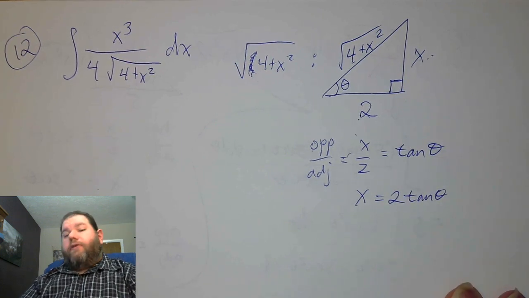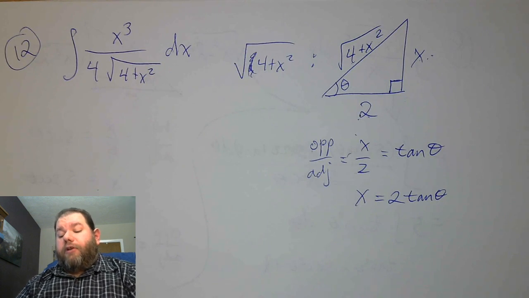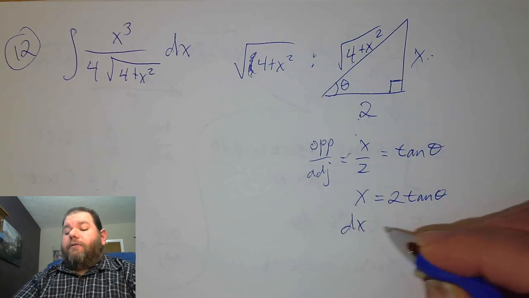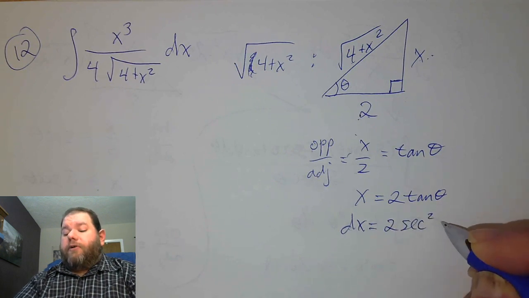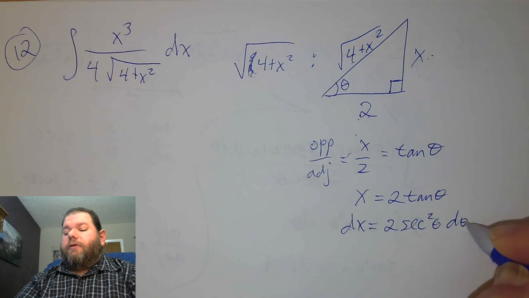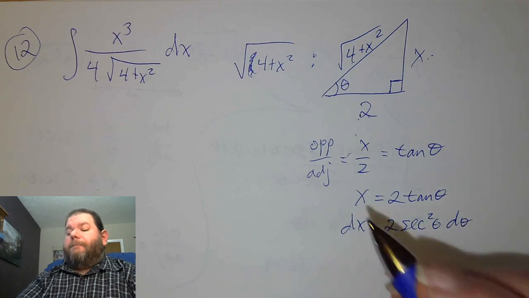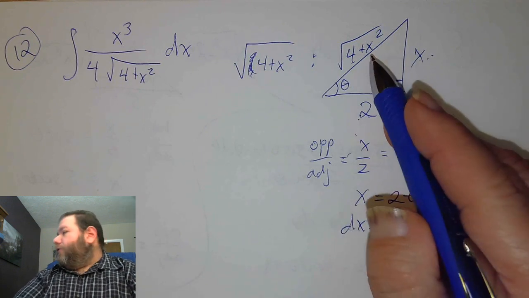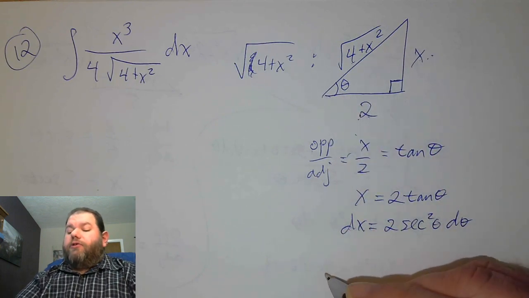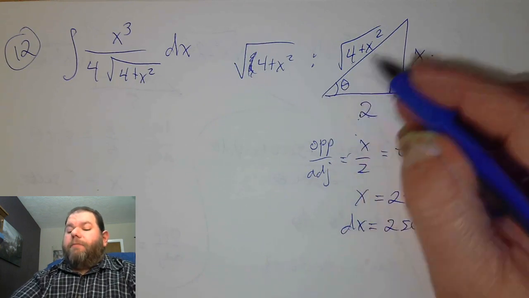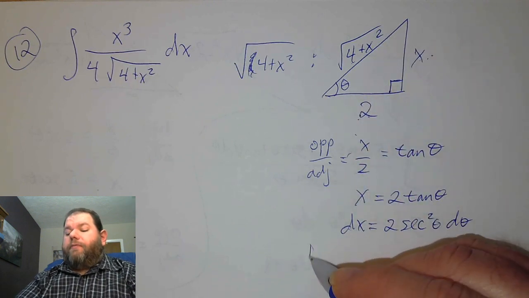So we know we're going to use the substitution x equals 2 tangent theta. We also need dx. The derivative of 2 tangent theta is 2 secant squared theta d theta. And then we also want to pair the square root with the constant side, which is hypotenuse over adjacent.